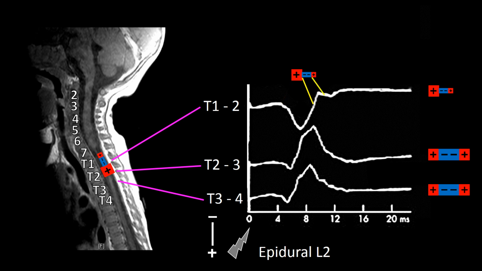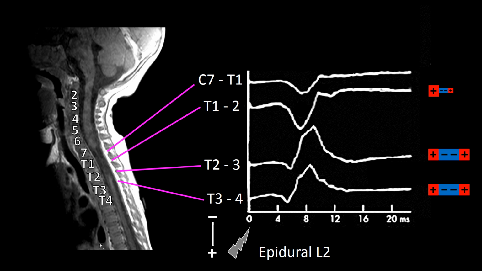The small negativity in front of the positive wave corresponds to the posterior negative field created by the leading dipole and the anterior negative field of the trailing dipole. The most anterior positivity corresponds to the positive field of the leading dipole.